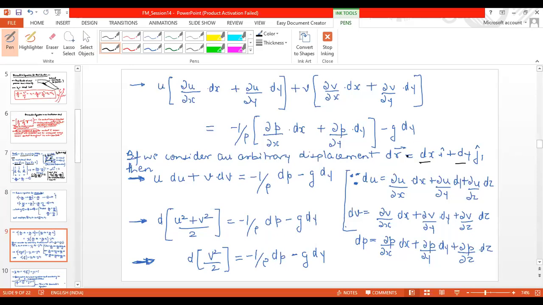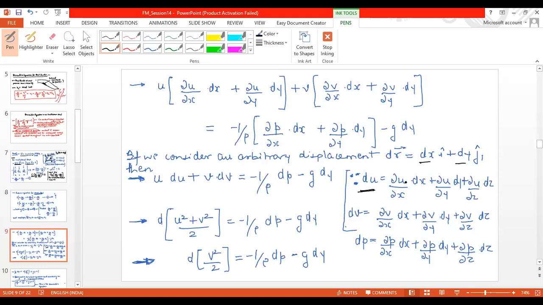Now, if you consider this, then du is delta U by delta X dx plus delta U by delta Y dy plus delta U by delta Z dz. This is simple mathematics: the total differential is equal to the sum of the differentials in the individual directions, nothing else.